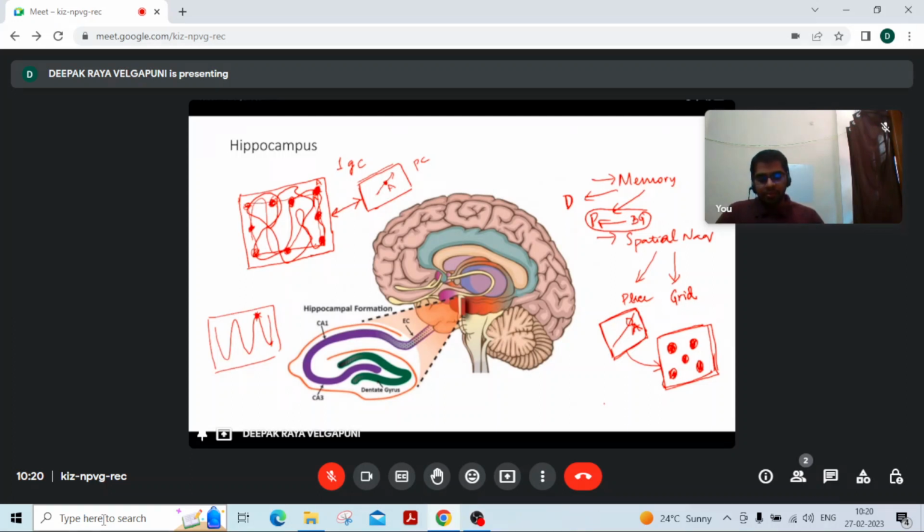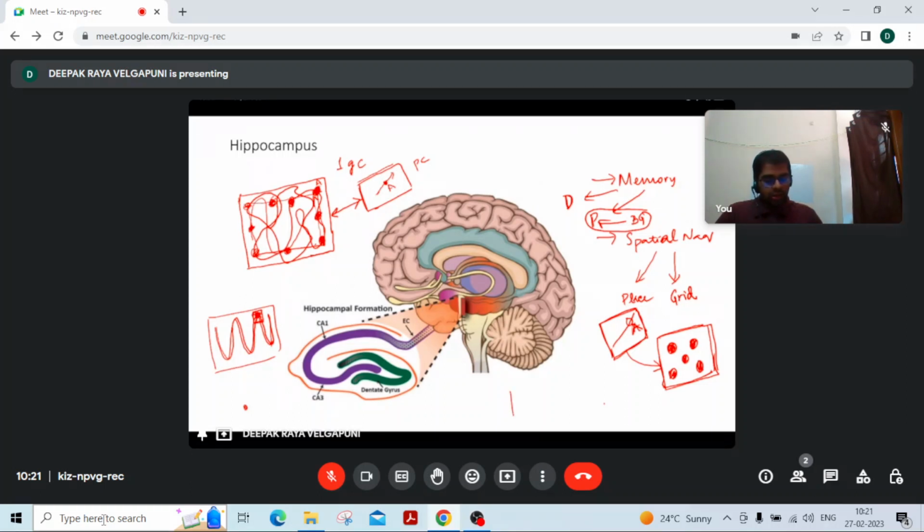In place cells, whenever a rat moves in a maze like this, for example a mouse goes in a maze where it has rewards at certain points, at a certain point one of the place cells always fires when the mouse crosses that particular point. That is why these are called place cells.